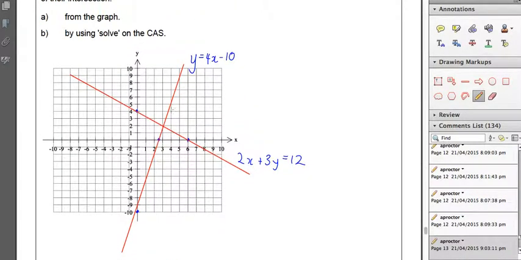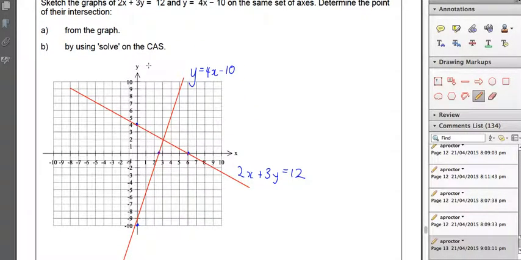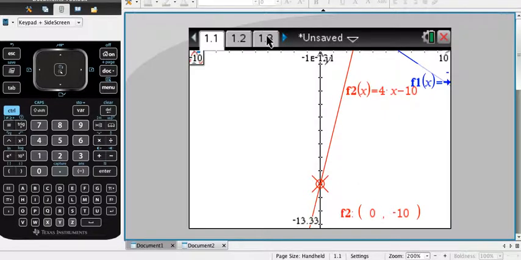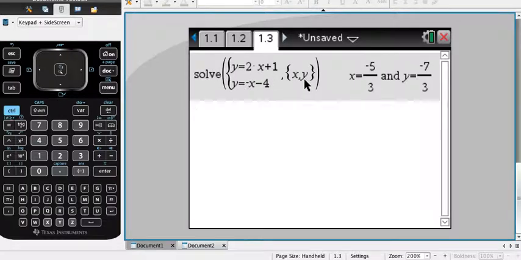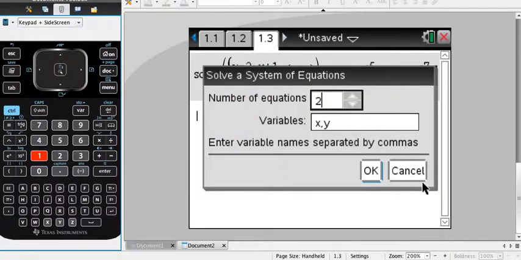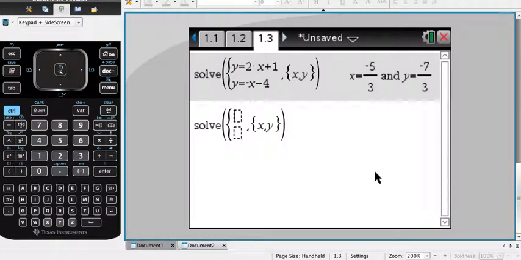But what we're going to do is use solve on the calculator and work out exactly what this point of intersection is. So what we need to do is get these into our solve function on the calculator. So if I go to my calculator back here, menu, remember it's 3, 7, 1, and I just need to press OK.